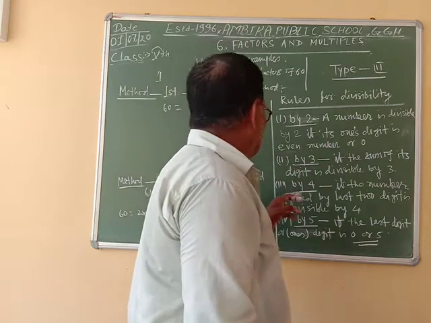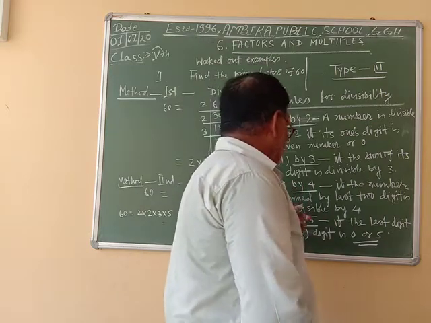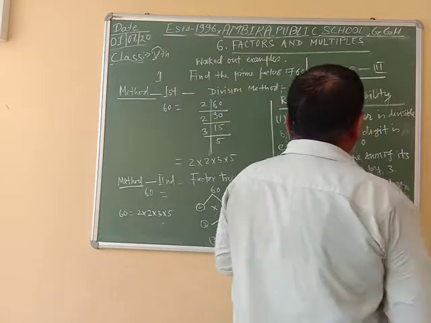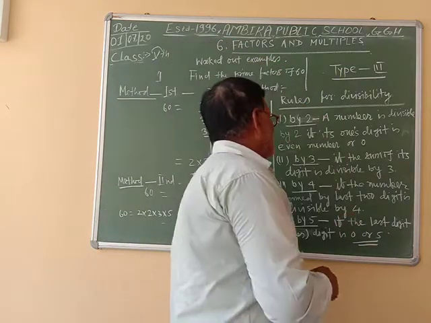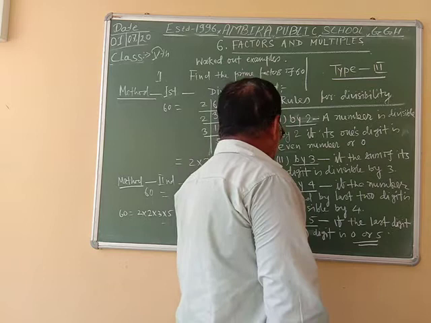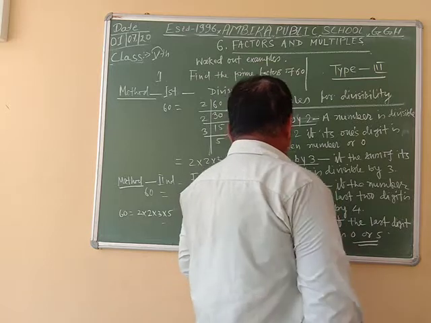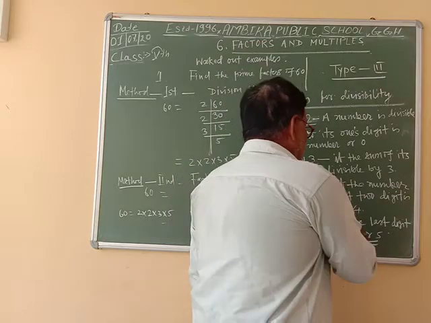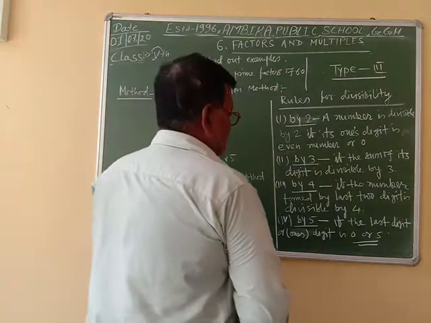And the rule for divisibility by 4 says that if the number formed by the last two digits is divisible by 4, then the whole number is divisible by 4. And the rule for divisibility by 5: if the last digit, meaning the ones digit, of a number is 0 or 5, then the number is divisible by 5.